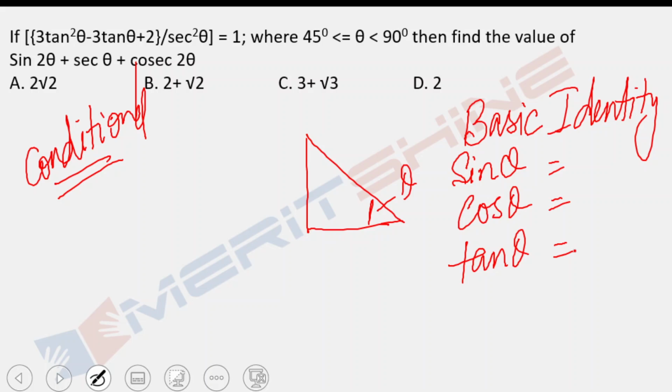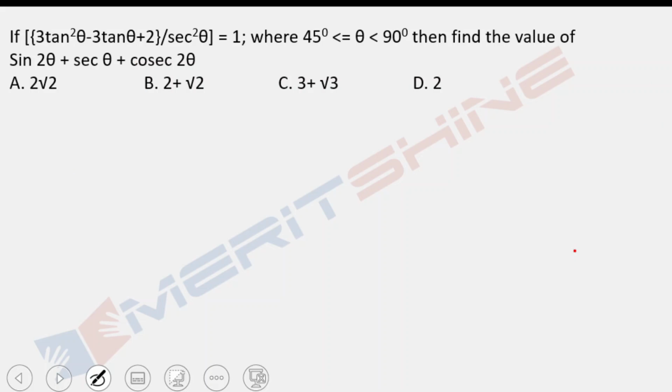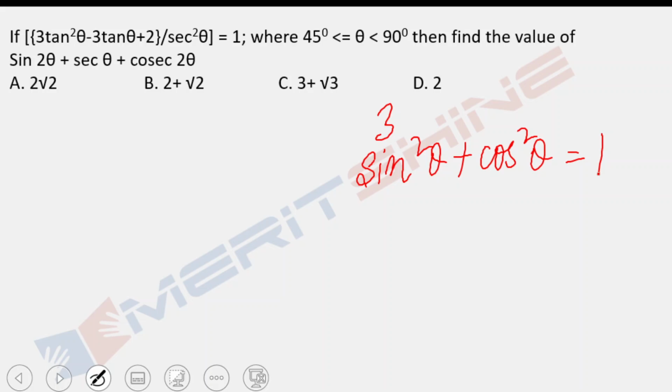Now in basic identity questions, apart from this idea, what you need is to know a little about the three basic identity equations, and which are they? First one is sin square theta plus cos square theta is equal to 1. Second, sec square theta minus tan square theta is equal to 1.